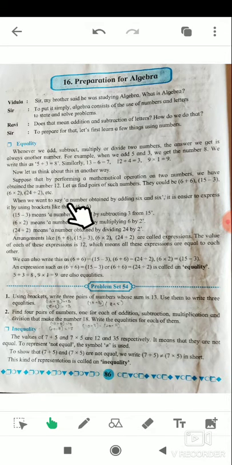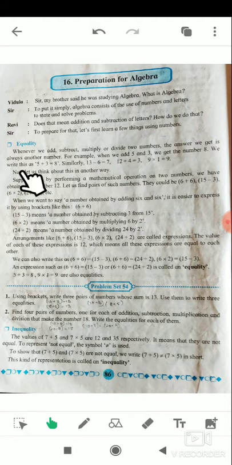When we want to say a number obtained by adding 6, it is easier to express it using a bracket like this. So 6 plus 6 equals 12, 15 minus 3 equals 12, 6 multiplied by 2 equals 12, and 24 divided by 2, the answer is 12. Okay, in all four cases the answer is 12, which is called the equality.